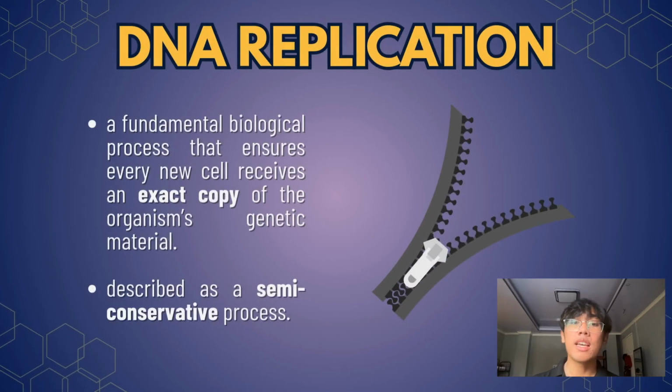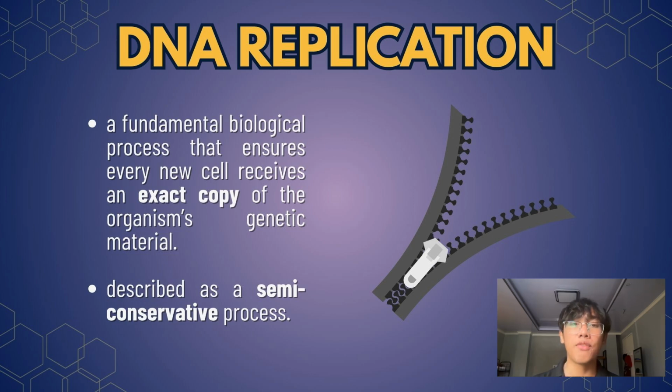DNA replication is a fundamental biological process that ensures every new cell receives an exact copy of the organism's genetic material. Whether your body is growing, healing a wound, or replacing old cells, replication is what keeps the genetic material consistent, like copying a master blueprint for every construction site.